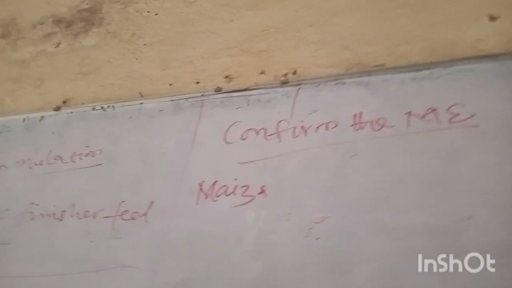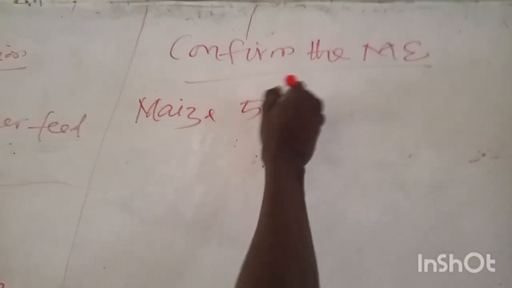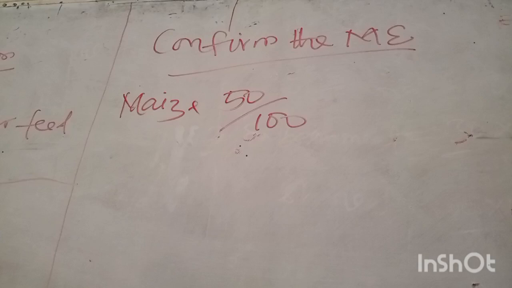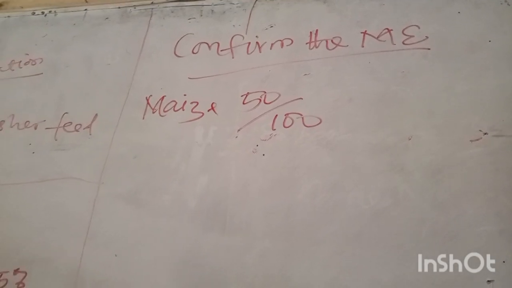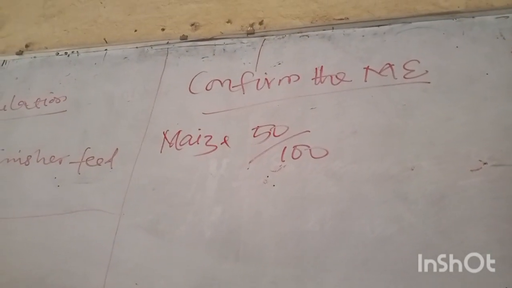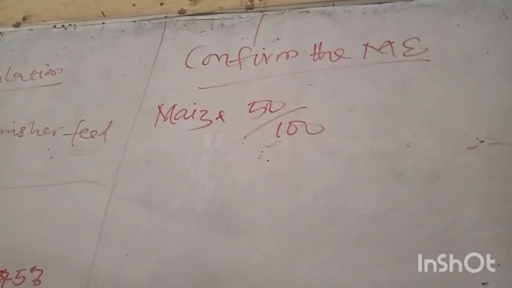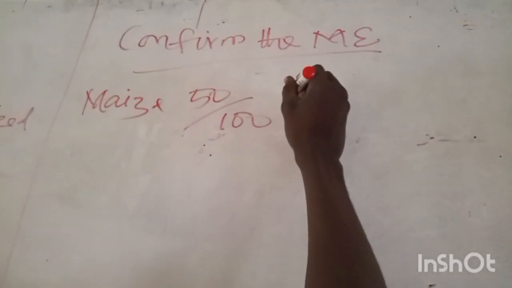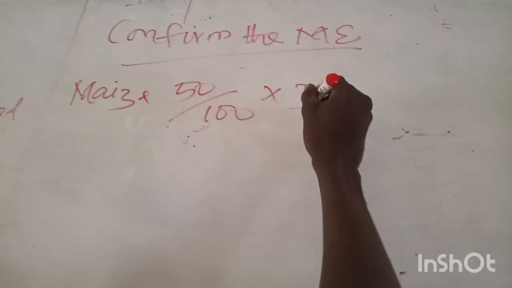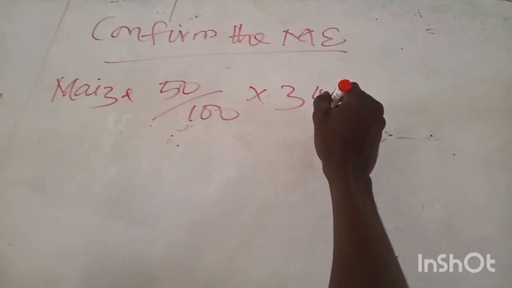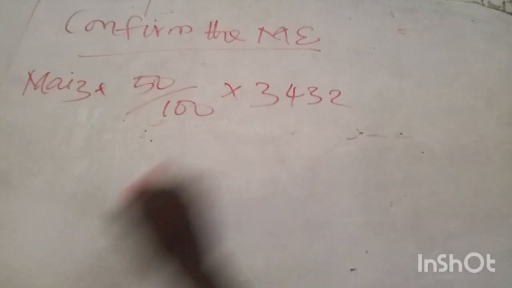So using the ME, remember our value for maize is 50 divided by 100, and the metabolizable energy value of maize in the note that the man gave us is 3,432. That is times 3,432 equal to what?